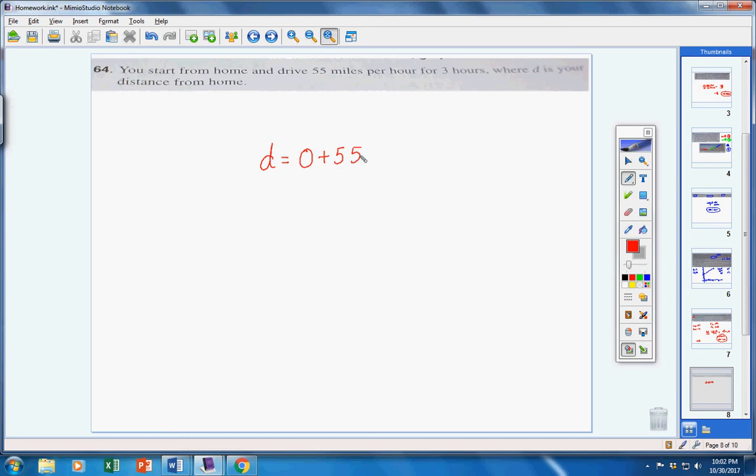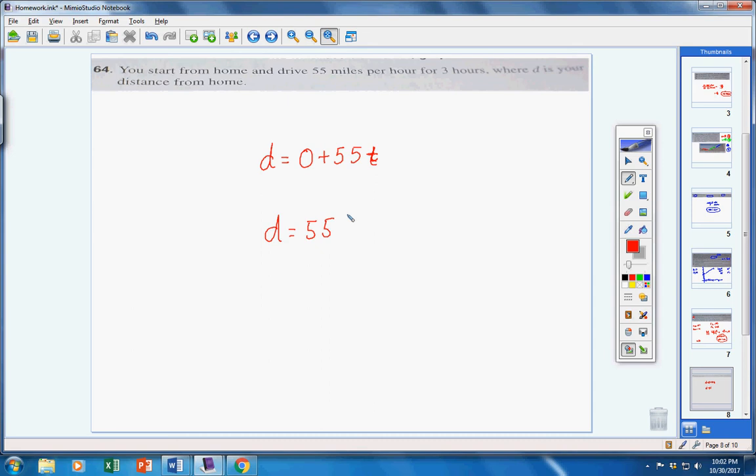So 55 times your what? Time. Okay? So there's your model, guys. When you start off, you're how far from home? 0. Your time is in hours. Every hour is 55 miles. So 0 plus 55t is just 55t.